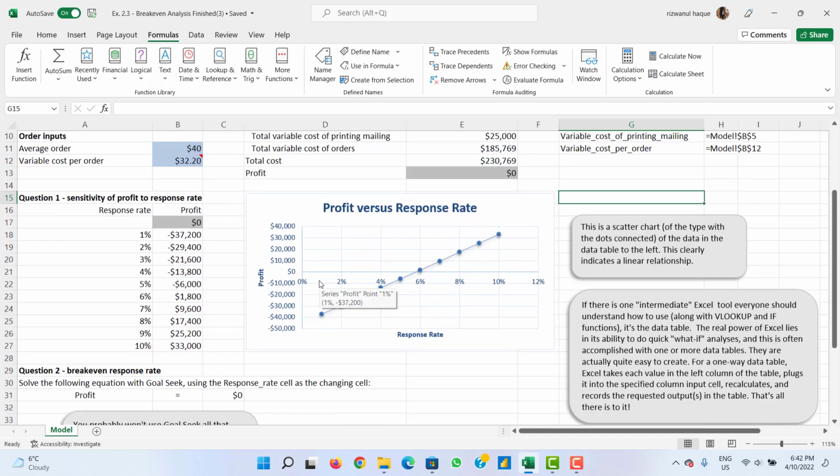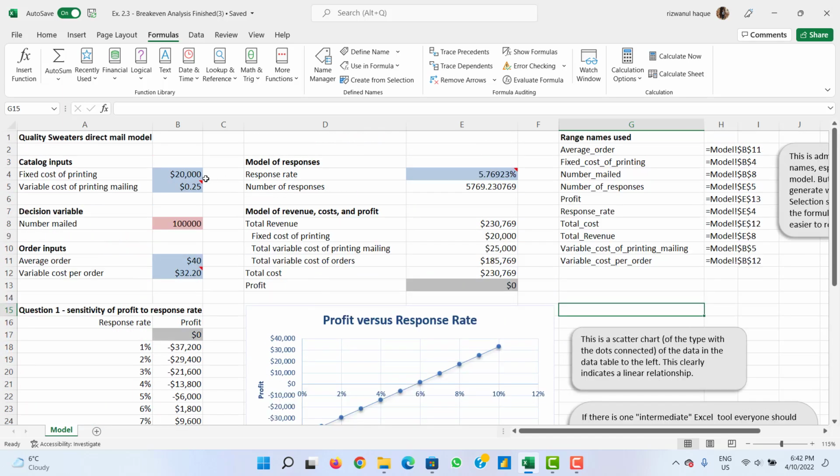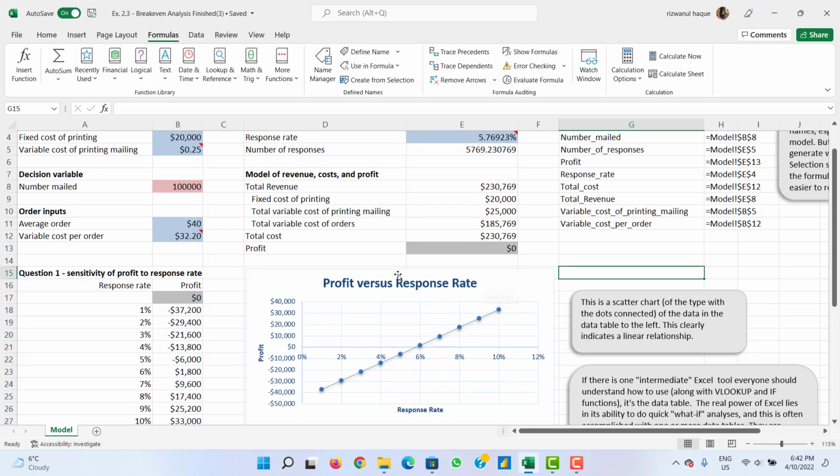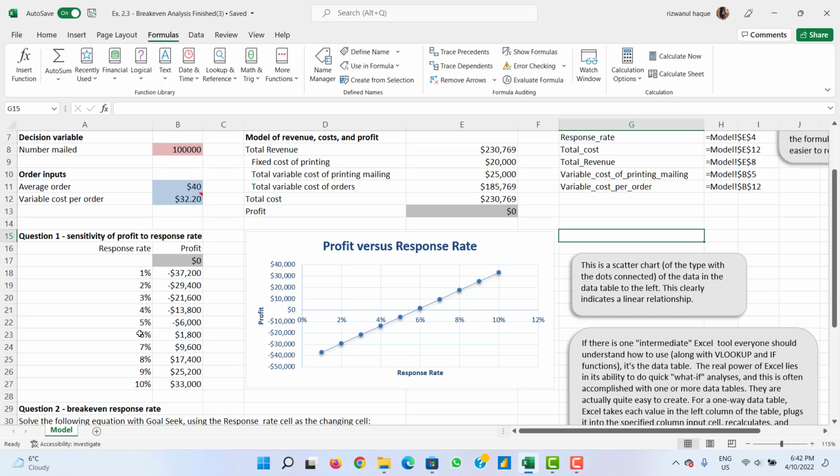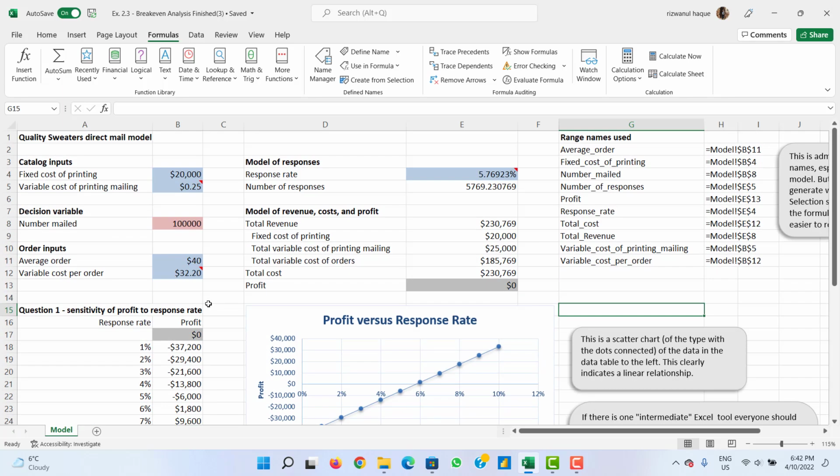So this is a very good tool by which you can find out at what response rate you will be at break even. That means you would have neither a profit nor a loss, and you can also know at what response rate your profit will be what you want.